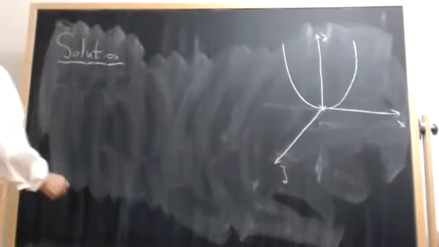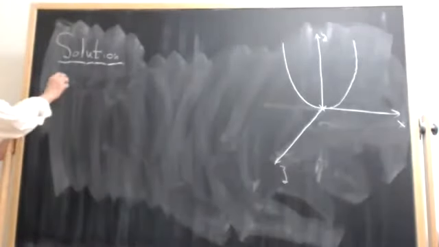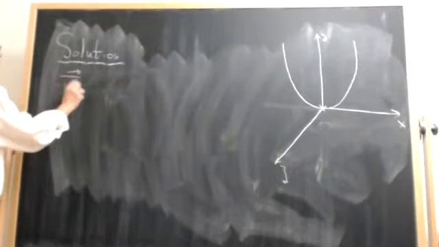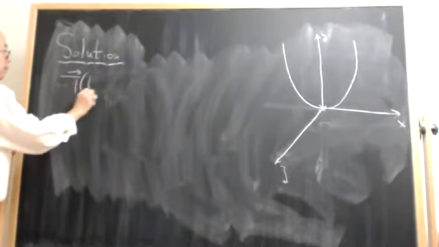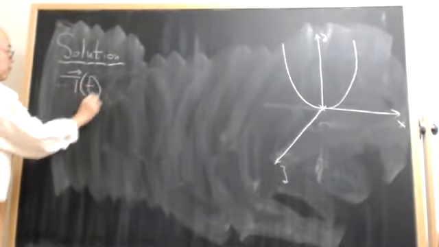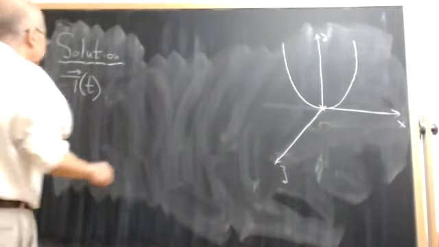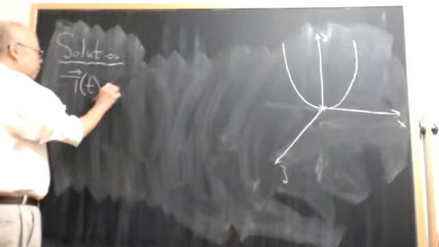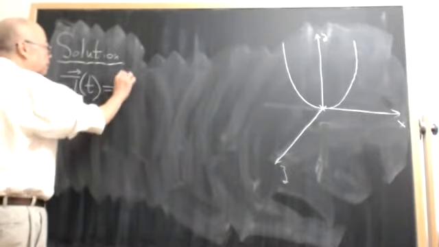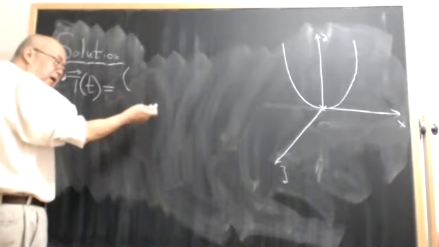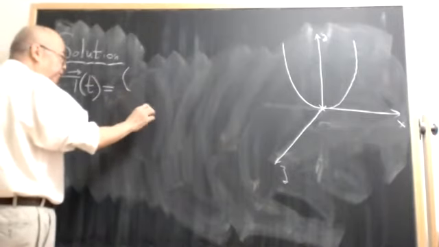So what is the unit tangent vector? The unit tangent vector is given by the derivative of the vector valued function.